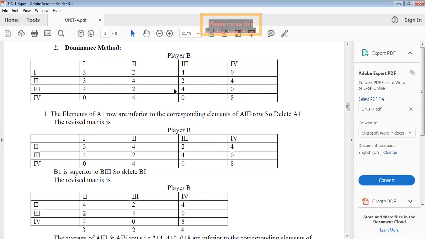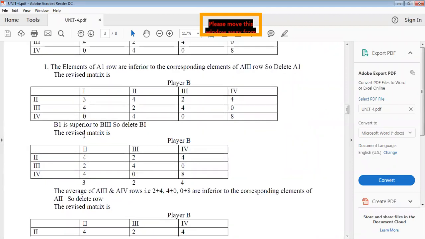Therefore row 1 can be deleted, because row 1 is inferior, hence delete row 1, that is A1. Now you are left with 3424, 0240, and 0404. Now we have to check the columns.